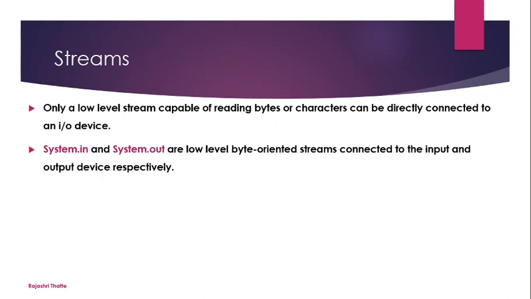And these low level streams are System.in and System.out. If we are reading some data from an input device, we are using System.in, the low level byte-oriented stream, and if we are sending output to an output device, we are using System.out. So System.in and System.out are low level byte-oriented streams connected to the input and output device respectively.